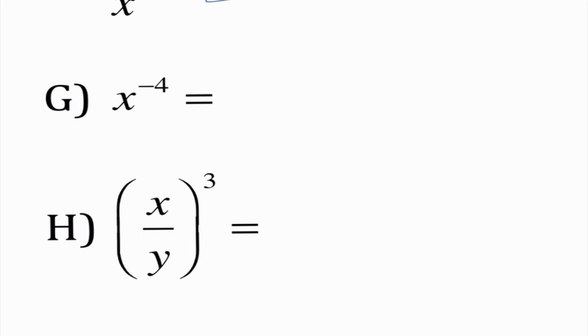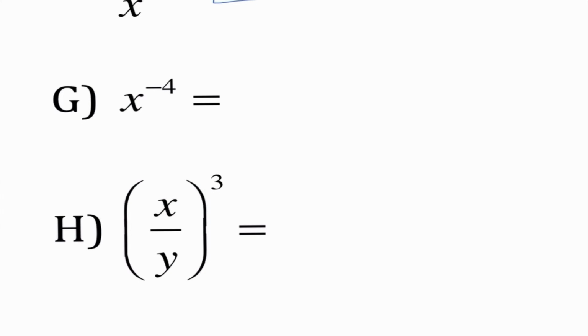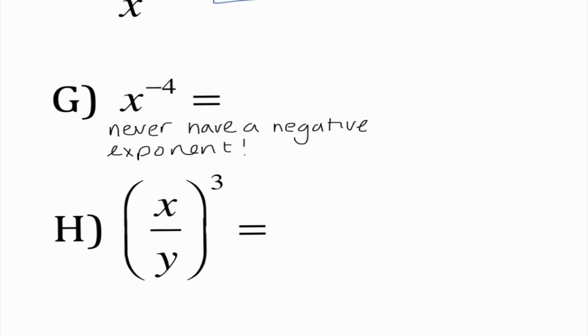Looking at G, you guys might remember from Algebra 1 that we can never have a negative exponent in our answer. And so what we do to make these positive is I'm going to take this on the opposite side of our fraction.